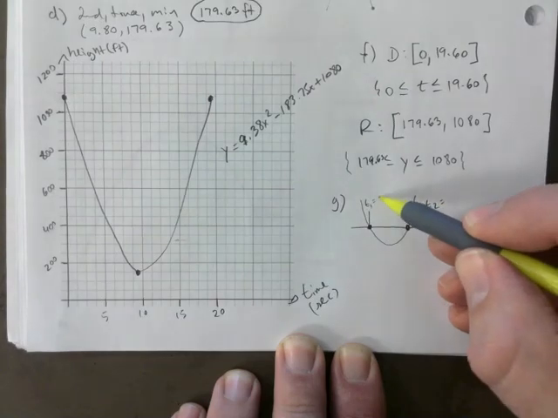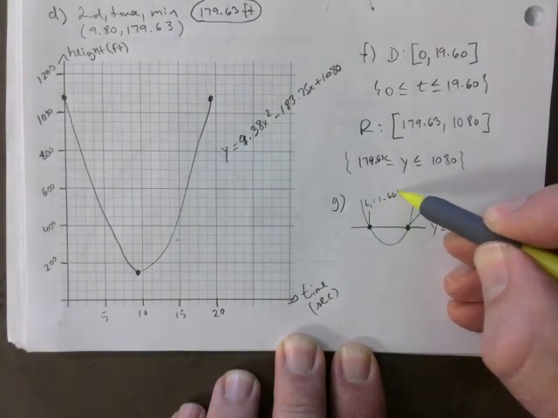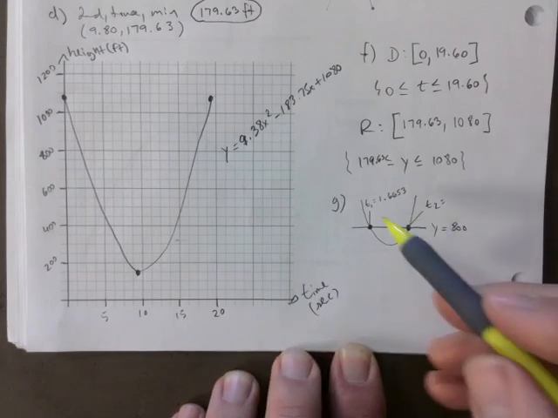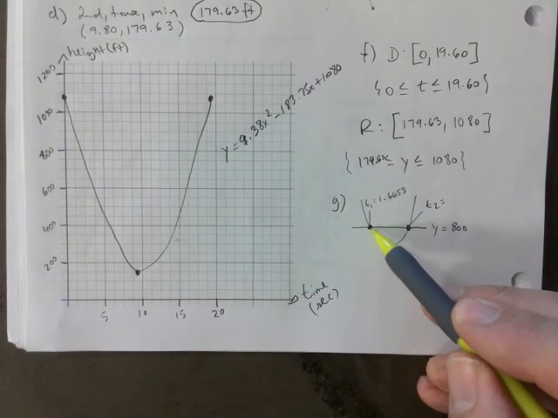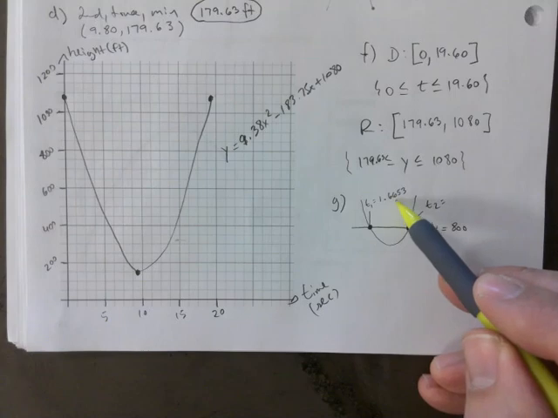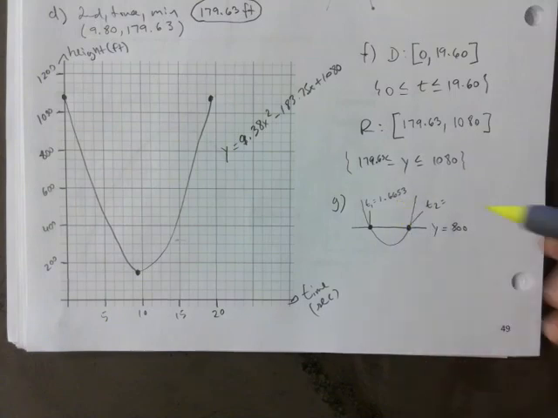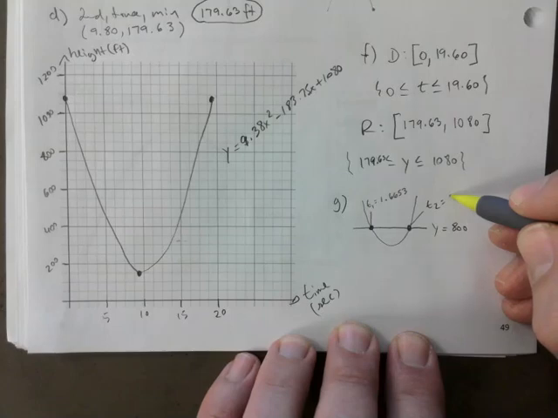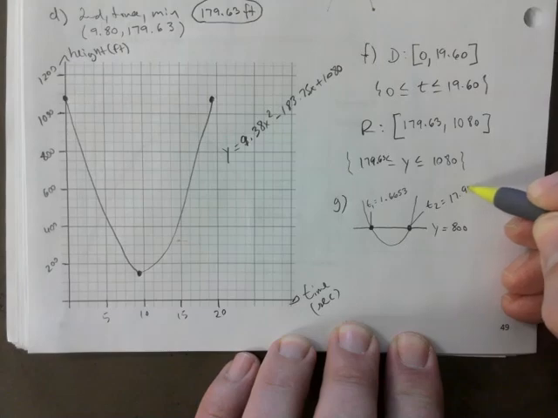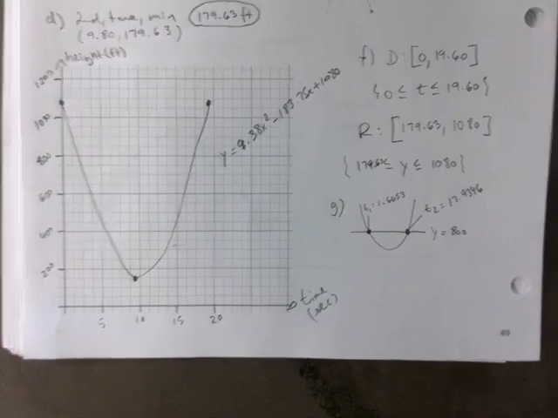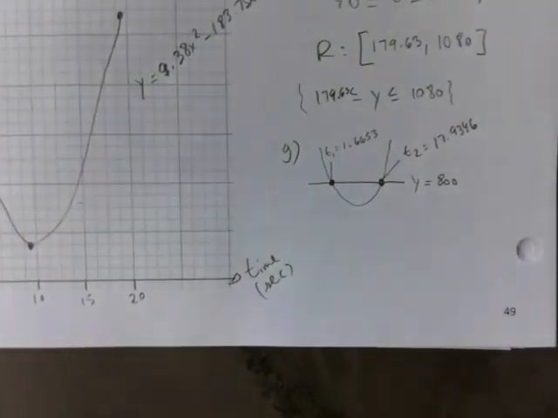This is 1.6653. So the plane gets to the 800 feet mark after 1.66 seconds. And then on the second time on the way up, that one is 17.9346 seconds. Let me zoom into that because it's very small, I know.